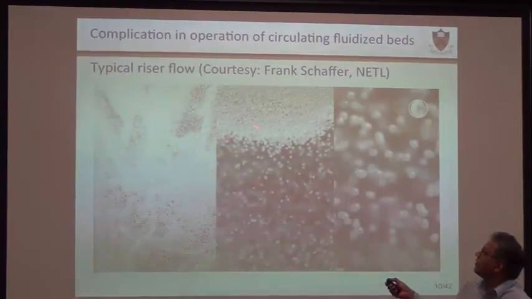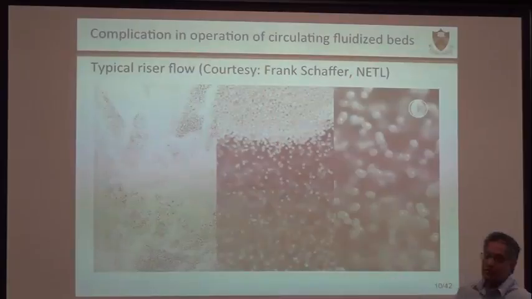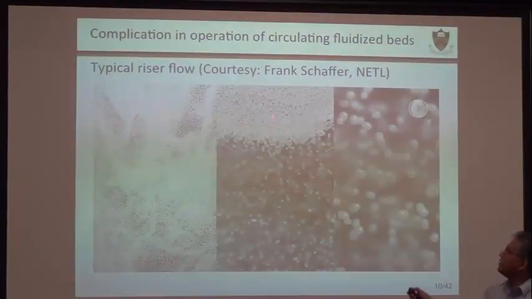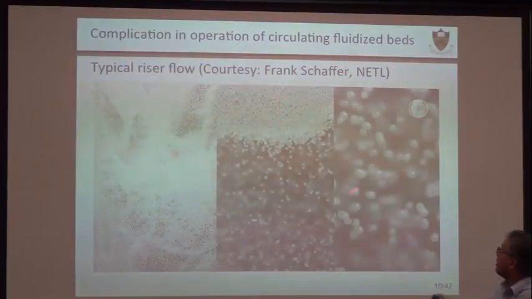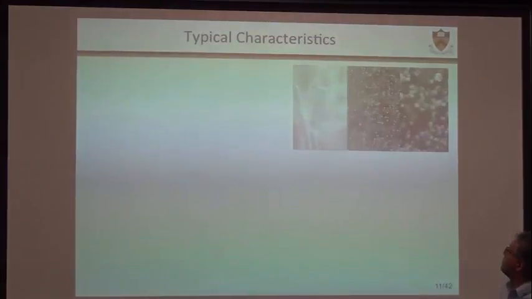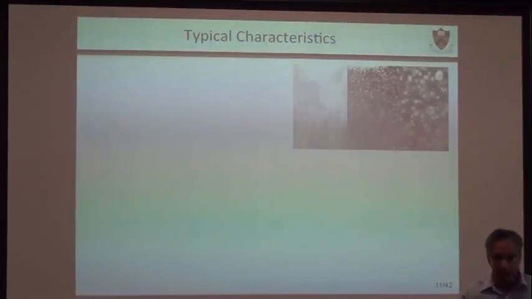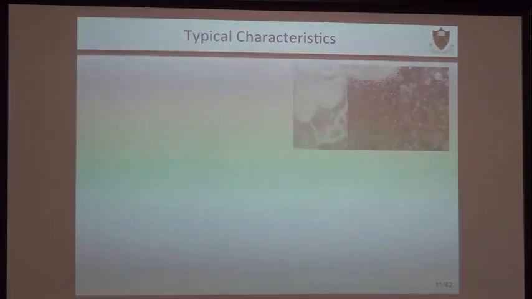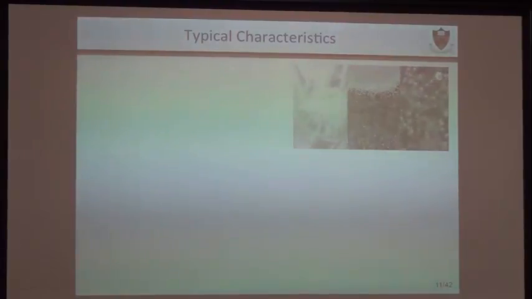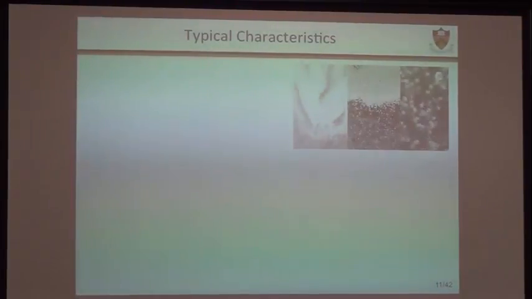If you look even closer up, you can see the particles are very dilute in some regions, very dense in others, and falling down. If you look more closely, you can actually see particles colliding with each other and bouncing off. So the particles are really moving around inside, hitting each other.